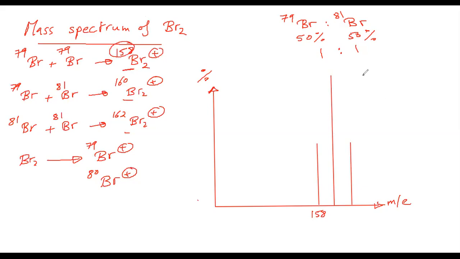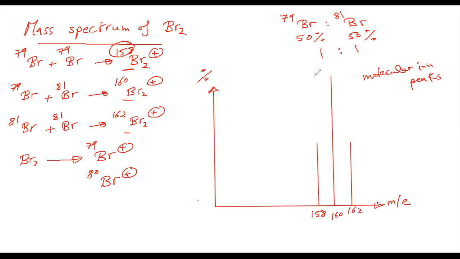We call them molecular ion peaks. They give us the molecular mass of the element. So we get one peak at 158 corresponding to the bromine molecule of 158. We get the second one at 160, and the third at 162.